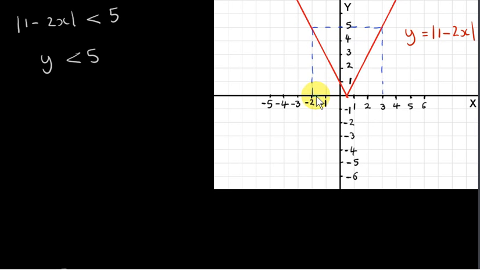Now we can see that for values of x lying between minus 2 and plus 3, we get values of y that are less than 5. So values of x strictly between minus 2 and 3. So for all these values, if you go up to the curve, you will get a value of y that is less than 5 for all values in this region here.